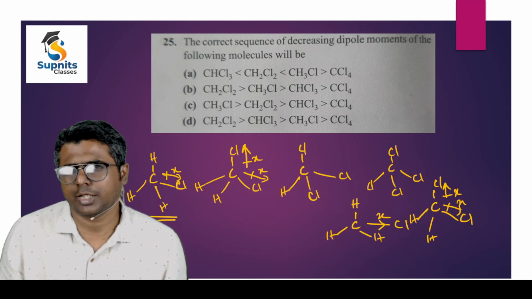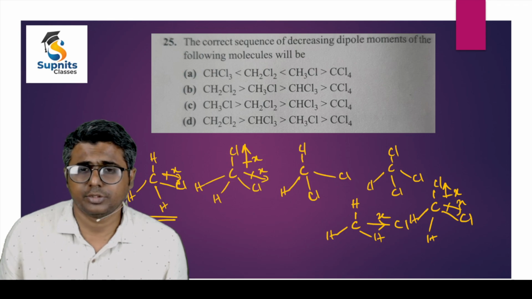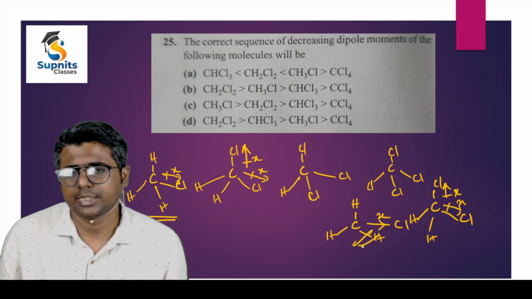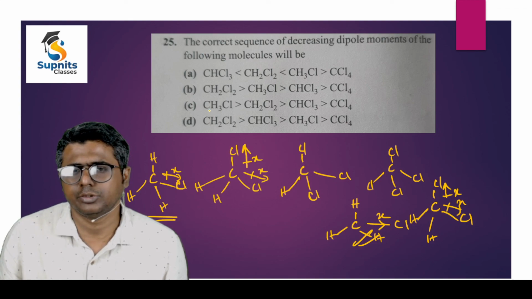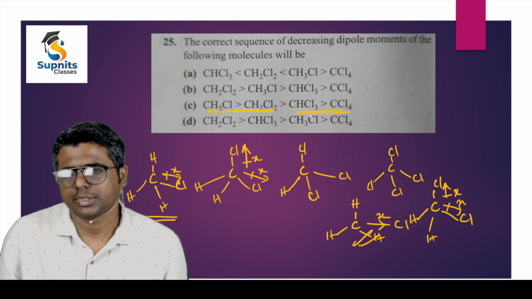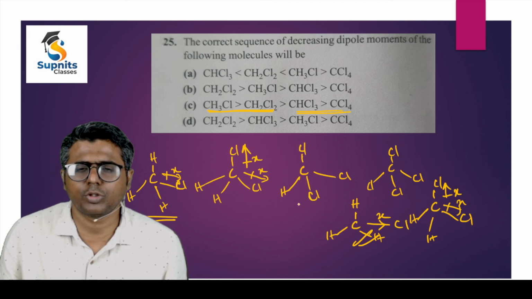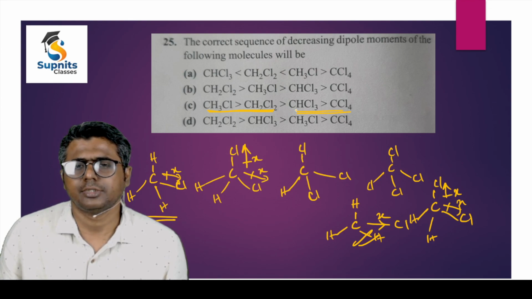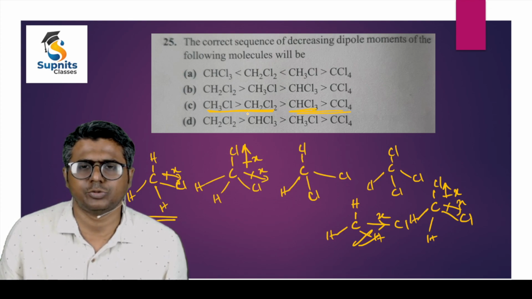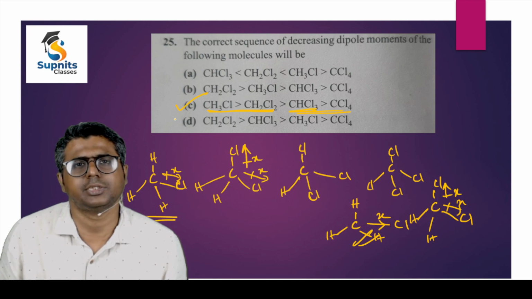One part of the dipole is going to get cancelled. So definitely CH3Cl is going to have more dipole moment than CH2Cl2. So this part is correct, and this is also correct. In case of CHCl3, more cancellation is going to happen, and definitely in that case this will be much lesser than CH2Cl2. So here option C is correct.